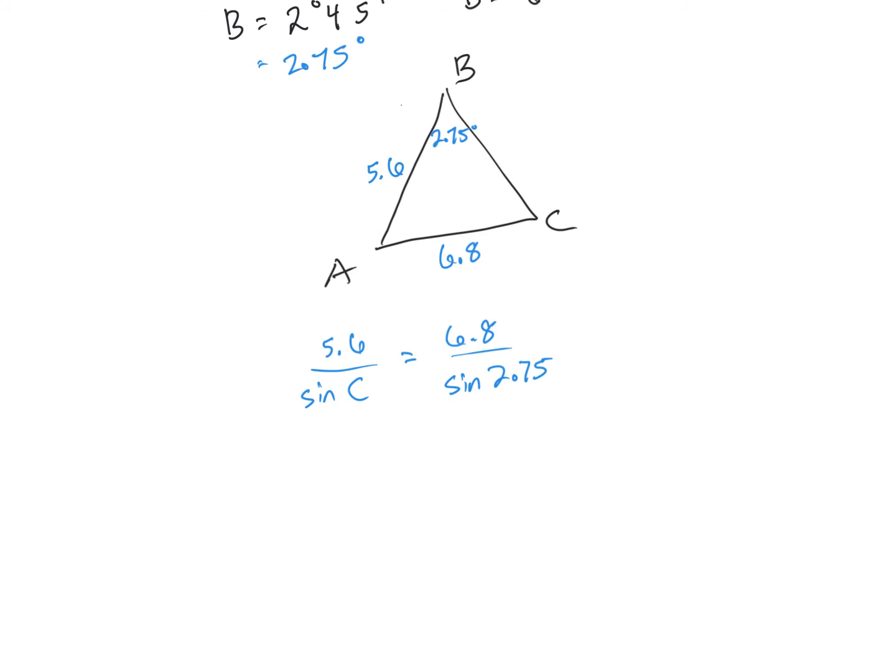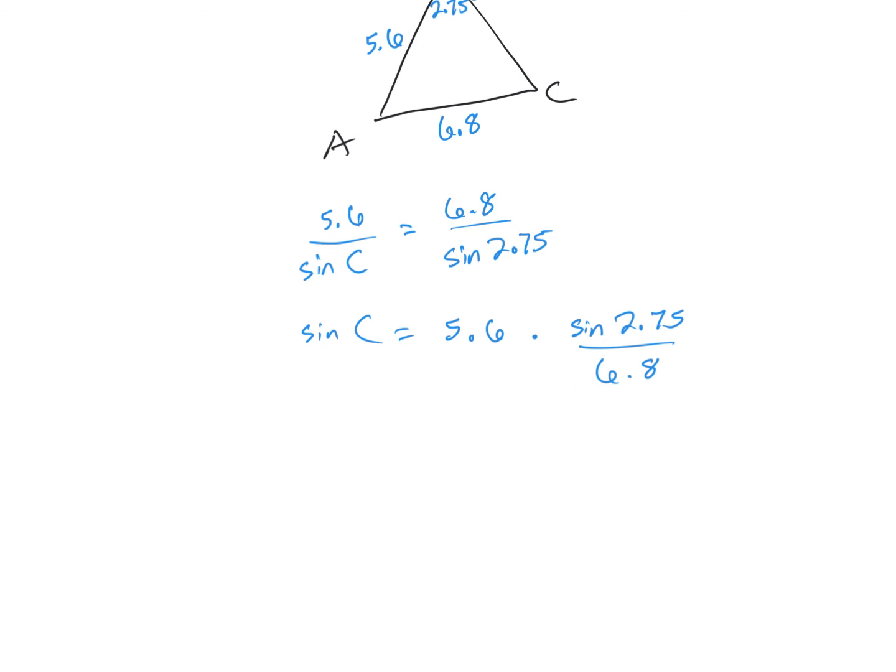So if I move things around, I get sine of C should be equivalent to 5.6 times sine of 2.75 over 6.8. I want to find what C is.